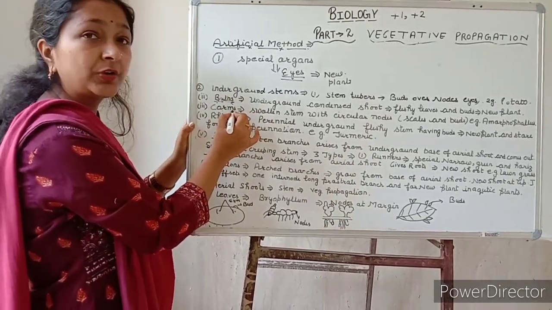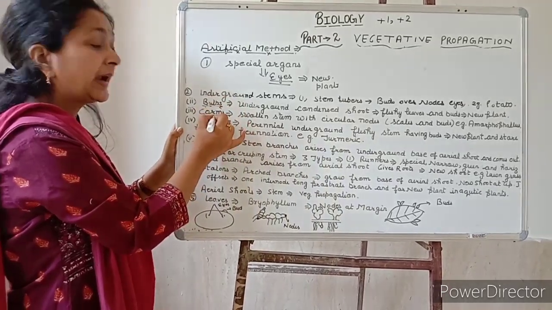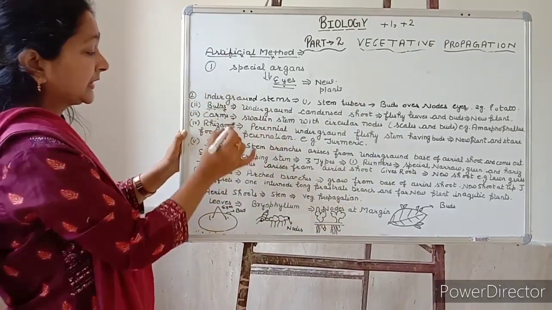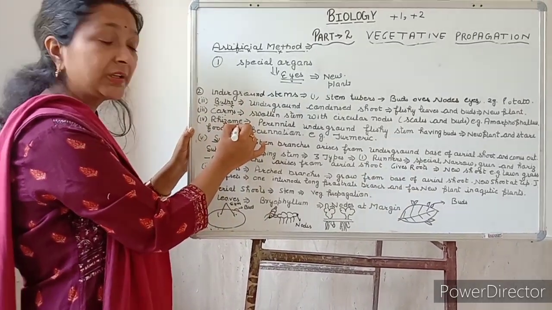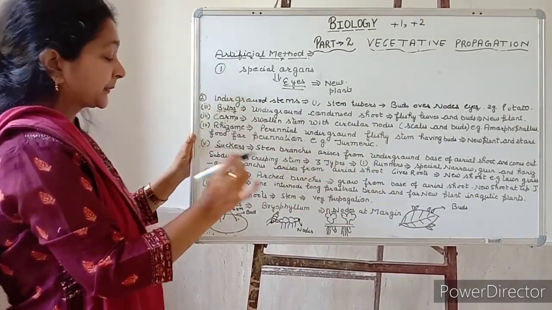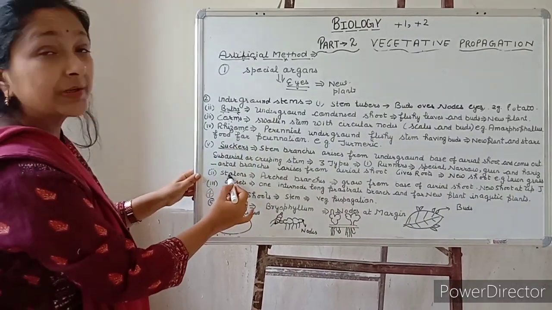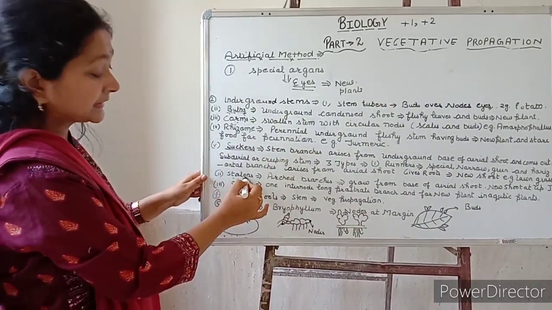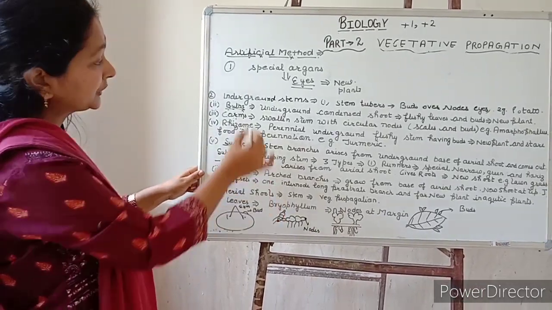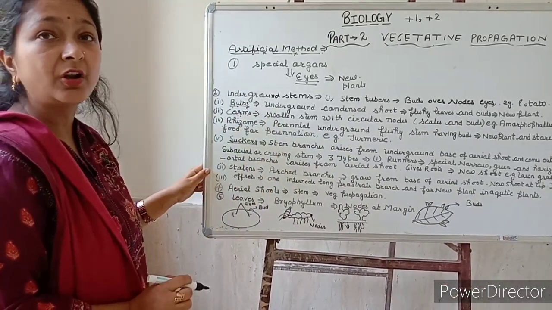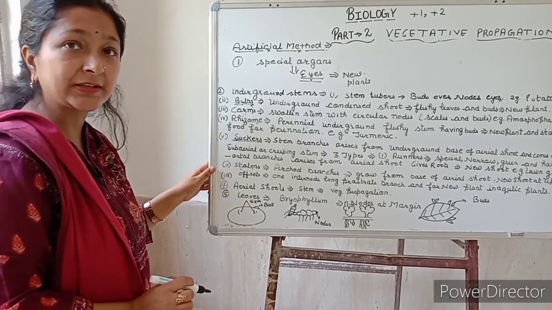Corms, their circular nodes are also cut and they will also form new plants. Rhizomes are also cut from their nodes and will form new plants. Then stolons. Stolons are cut and used to propagate strawberry. So these are the uses of special organs in horticultural techniques.